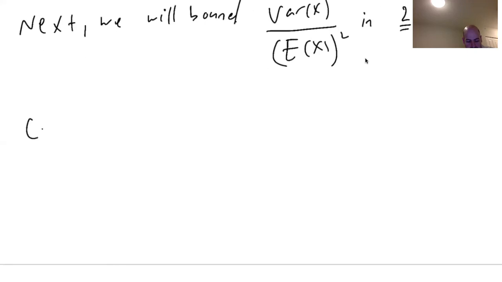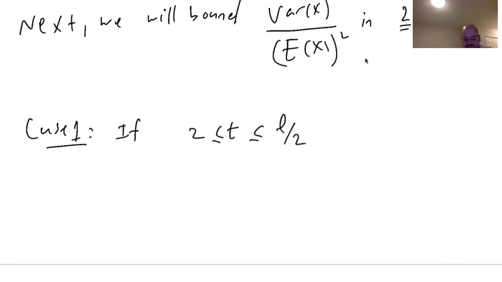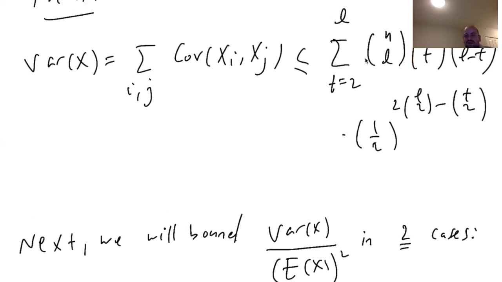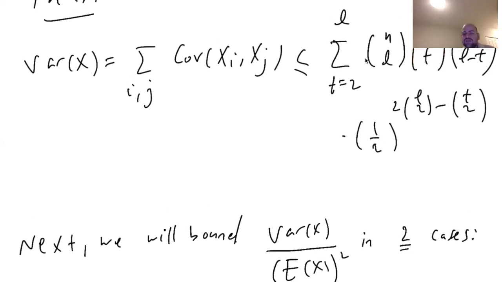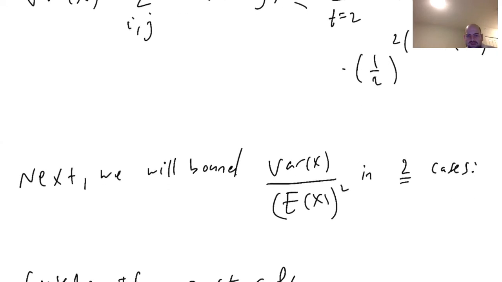So case 1, t is less than or equal to L over 2, and t changes between 2 to L, so I want to divide this sum into two parts, from 2 to L over 2 and from L over 2 to L. So in this case, let's see how we can bound our sum.